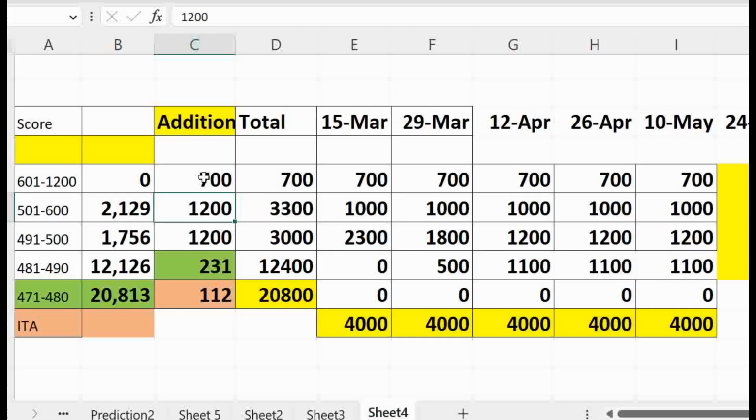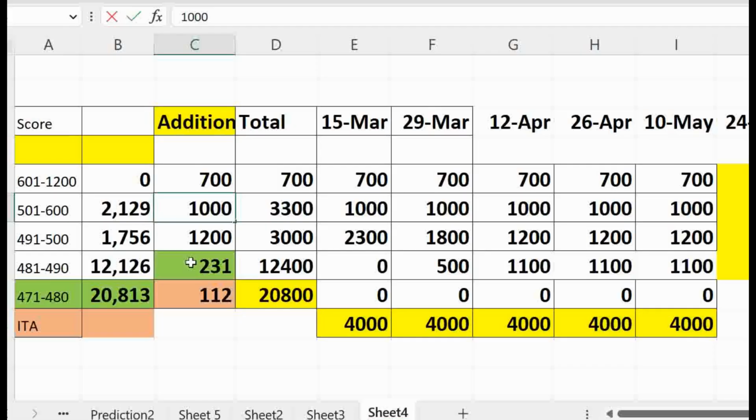Let us assume that we have 700 additions based on the previous draws. So 700 will be added in this slab and some 1000 may be added in this slab, and let us assume that 1200 are added in this slab, that is 491 to 500.